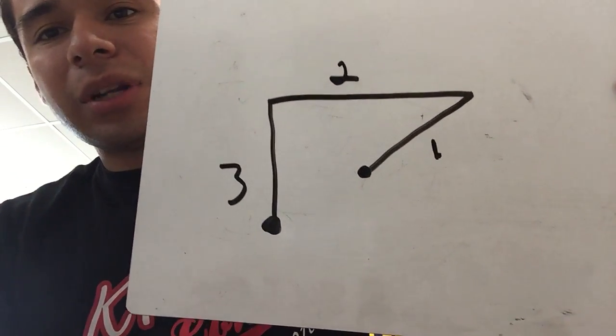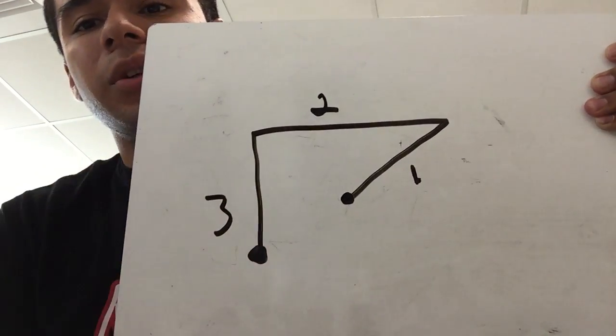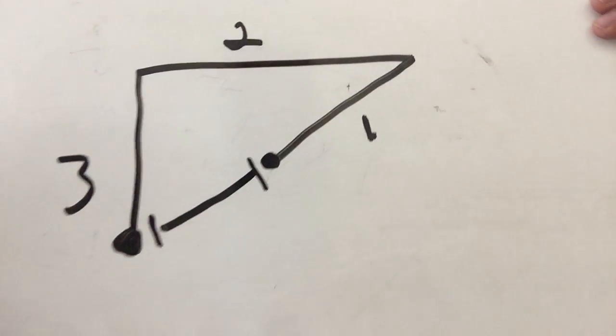Here, your displacement would not be 3 plus 2 plus 1. Your displacement would be the distance from your starting point to your ending point. Your displacement would be the distance between those 2 points.